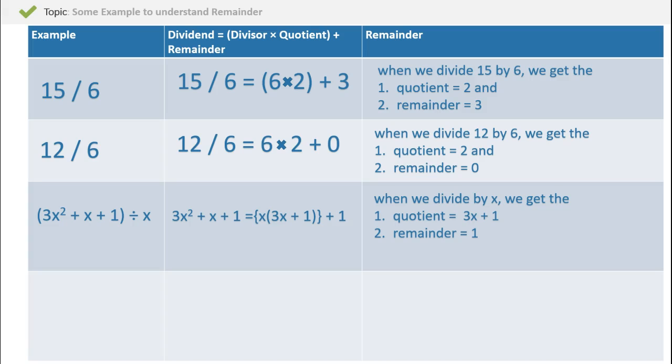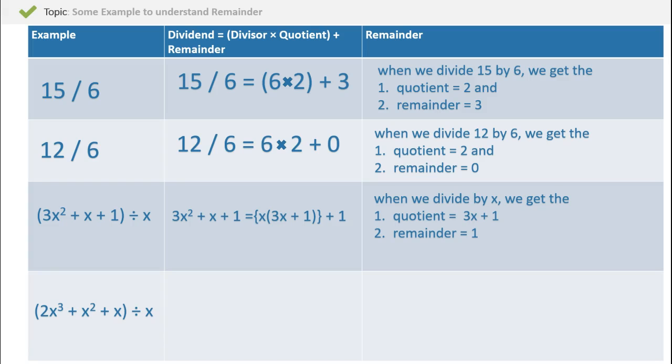Here your quotient is 3x plus 1 and your remainder is 1. This gives you an indication that polynomial 3x squared plus x plus 1 cannot be fully divided by x, and you will always get some remainder when you try to divide it by x, and in this case the remainder is 1.